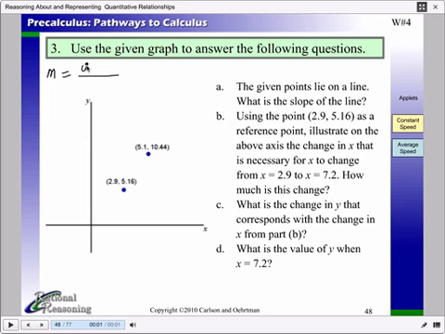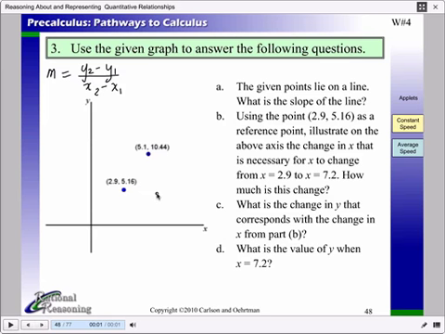Okay, so didn't you do y2 minus y1 over... And they told you, they said, this is the formula. So to find a slope, you just got 2 points, you just plug everything in, and you get a number. Okay? So what's our y2 here? 10.44. And our y1? How can we represent y2 minus y1 on the graph?